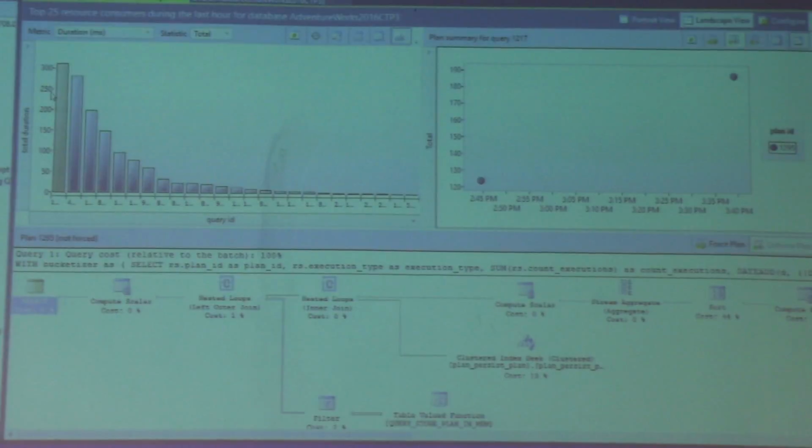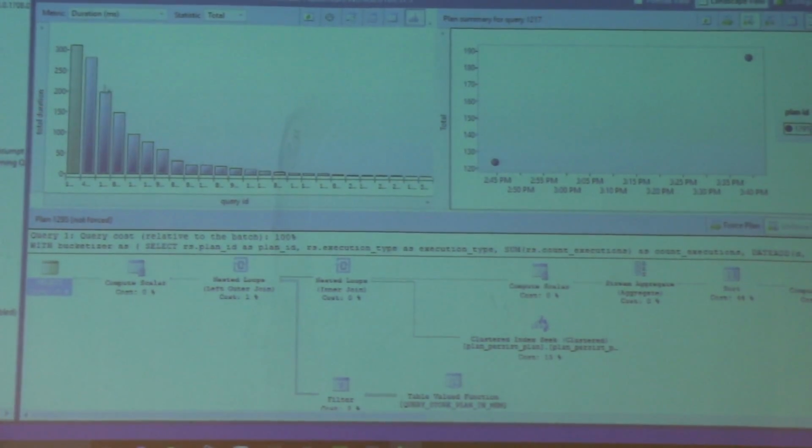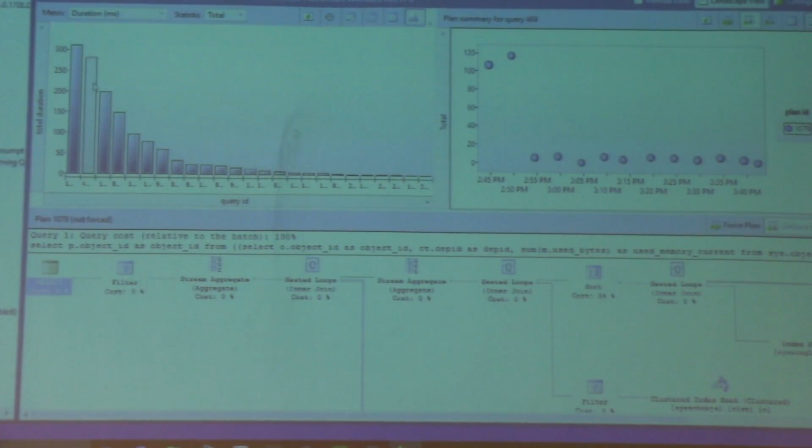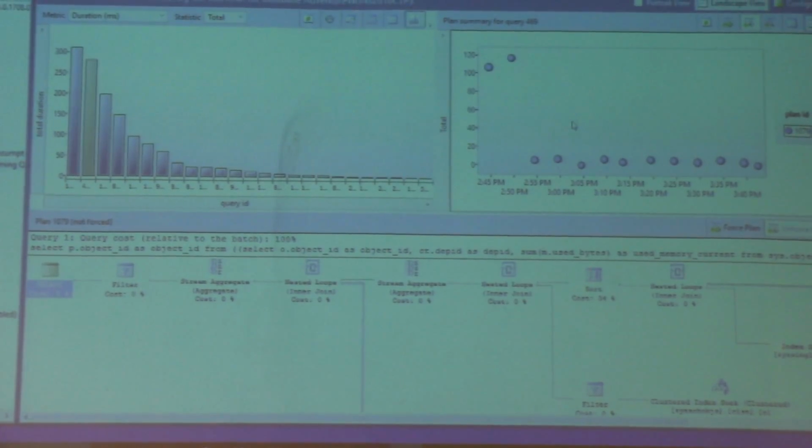So when you click on a query, on the right-hand side you will see, unfortunately I have just one plan ID, but if you have different execution plans for this query, you will have different colors of points showing which execution plan was applied.